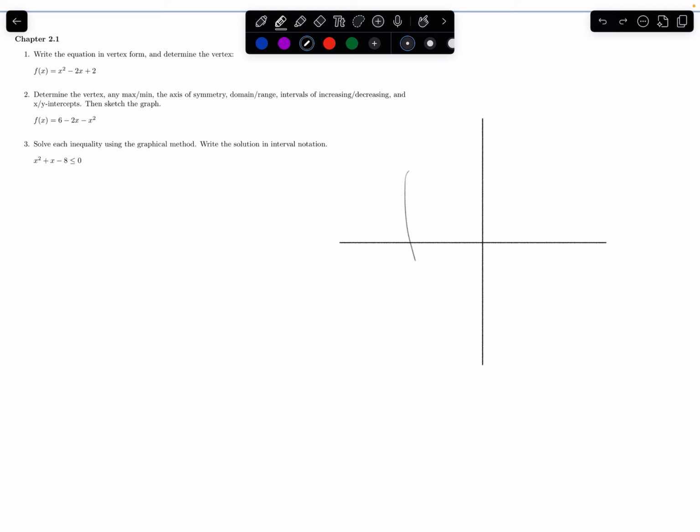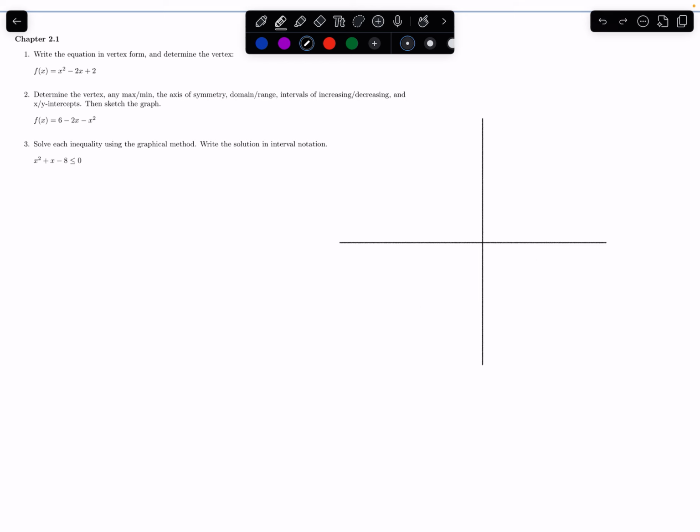And I want to know when it's less than 0. So the important part for me, I don't actually care about the vertex. Now that I'm talking through this, it does make sense to do some of both of these: include a portion where you have to graph the thing, explain the vertex, axis of symmetry, blah, blah, blah, and then tack on that inequality portion to it.